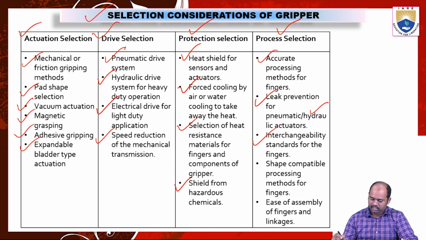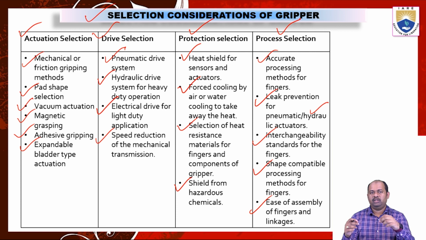And then interchangeability standards for the fingers. We have already discussed that the fingers of the gripper should be designed in such a way that they can be easily interchangeable with the spare parts. So they should be close enough to the spare availability. Shape compatibility processing methods for fingers. So depending on the object, we should design the shape of the fingers. And last point is ease of assembly of fingers and linkage.